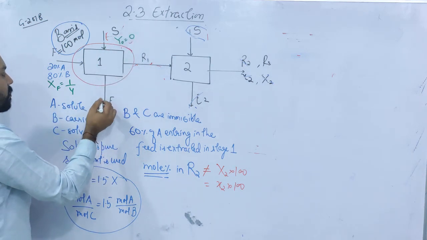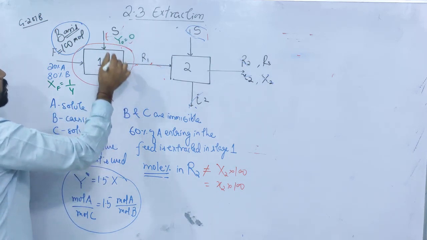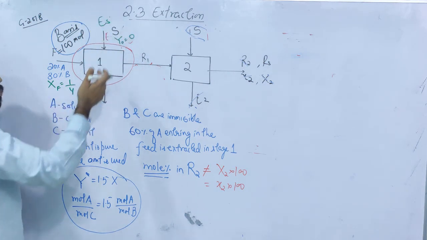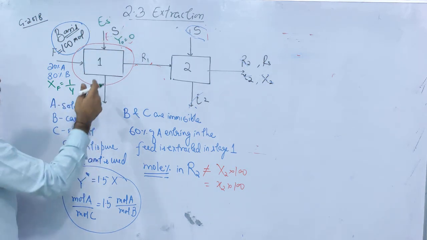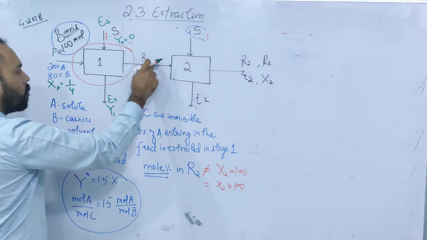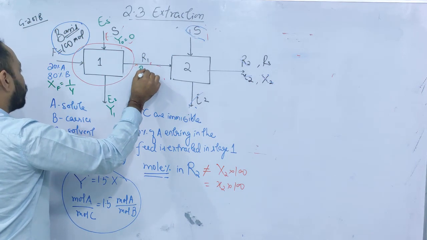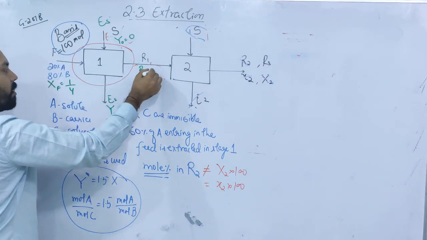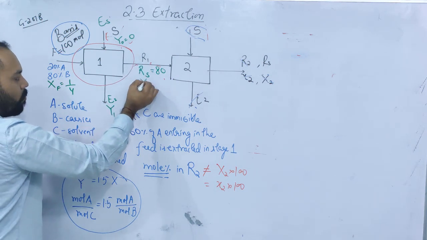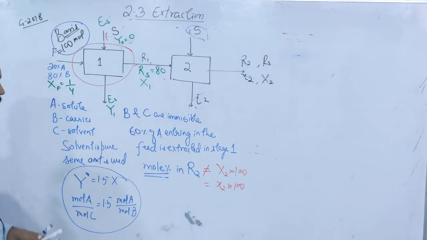Let us call this, suppose ES is entering. Now ES is equal to S. Why? Because the solvent is pure. So ES is leaving, and suppose this is Y1. This is R1. And what is the value of RS? RS is the flow rate of carrier only. So RS is 80. And let us say that this composition is X1. Fine.